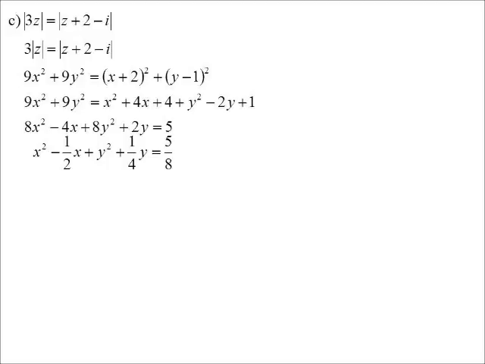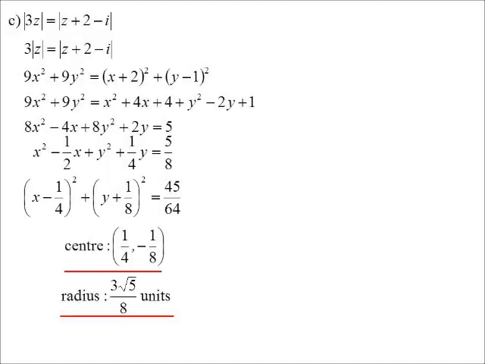Move it to the left. It's a lot easier to complete the square when it's just 1x squared, 1y squared. So there we go. Aha! Yes, as suspected, a circle. Of course, the other hint was that we're looking at circles at the moment, which was the giveaway. So centre 1/4, minus 1/8, radius 3√5 on 8.